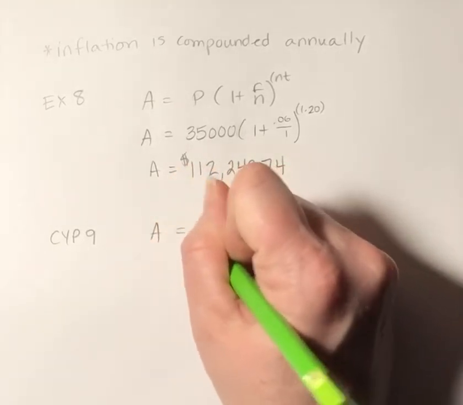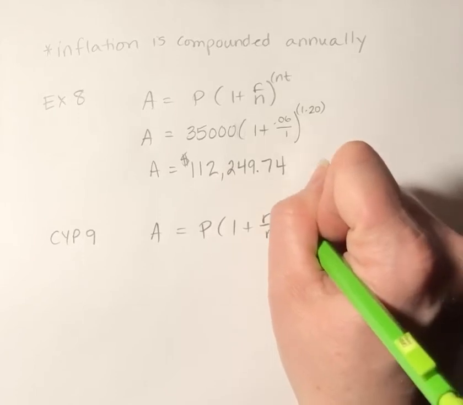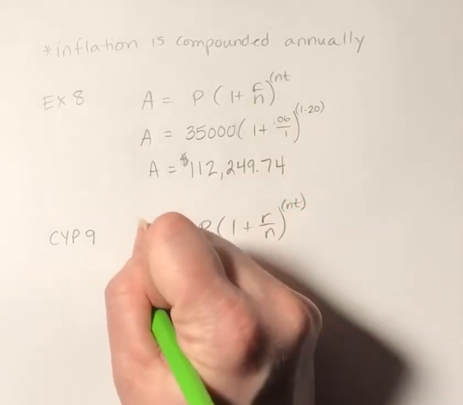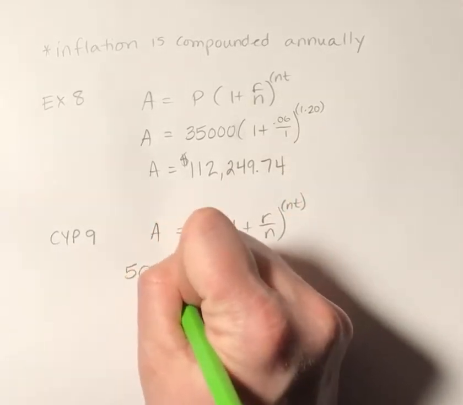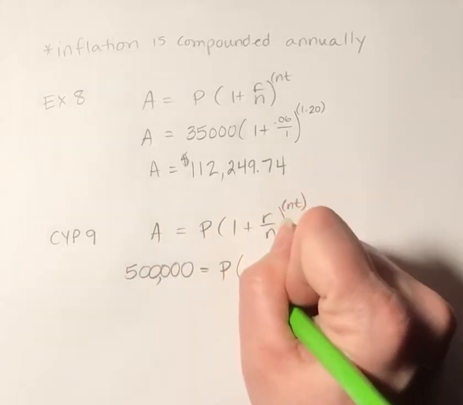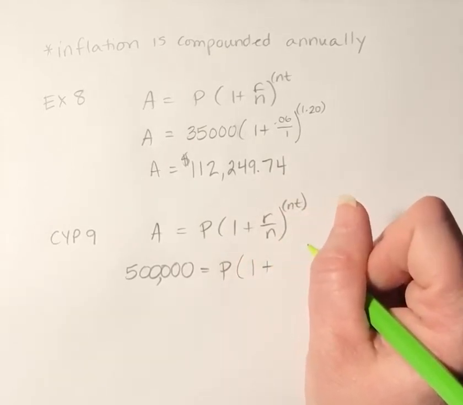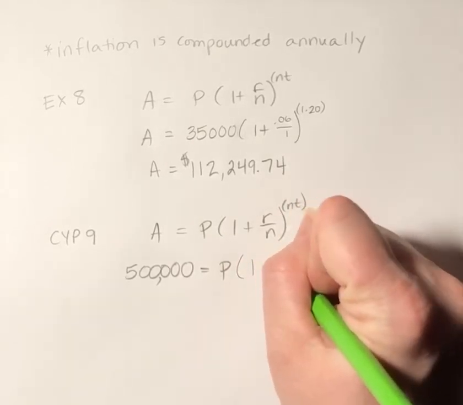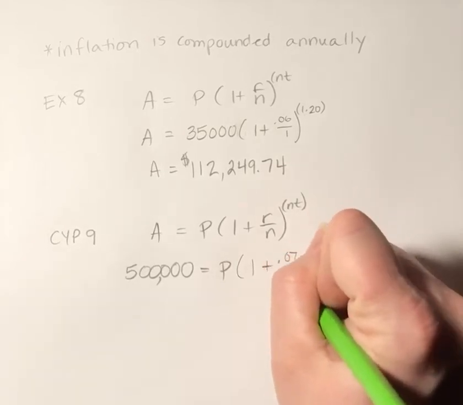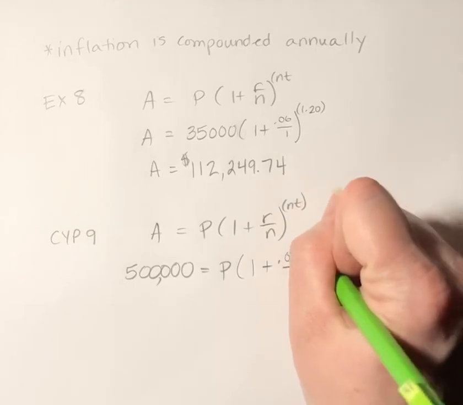The future value is $500,000. They want to know what's the present value. And we had inflation rate of 7%. Again, inflation compounded annually.